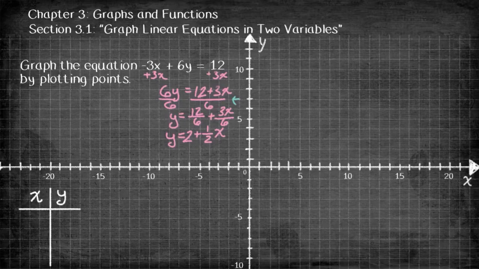And again, I'm going to want to choose 0 here for x because it just makes our life much easier. And since I have a 1/2 being multiplied with x, I'm just going to choose multiples of 2 for my value of x, and that way it'll be easier to compute.